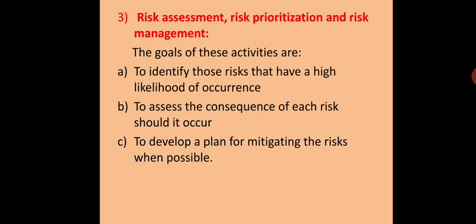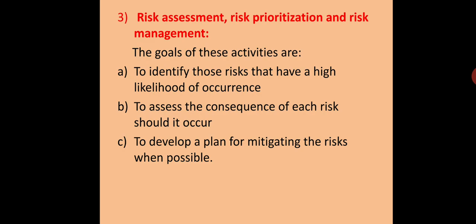You have to identify all the risks which can occur in a given project or during the life cycle of a given project. If these risks have high likelihood, then there have to be some measures taken. Therefore you have to do a proper study so as to identify which risks can come up.